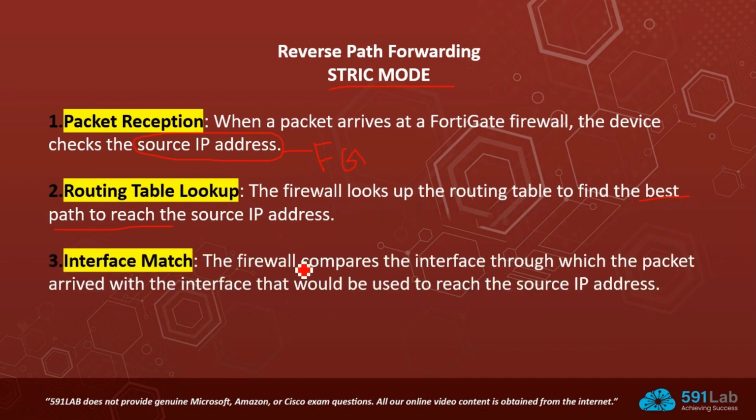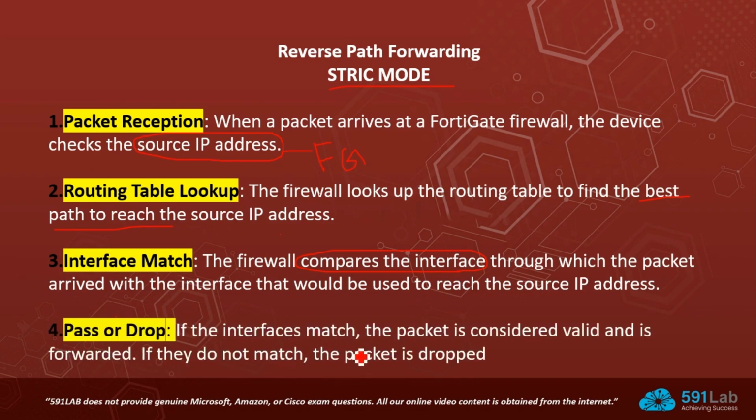The firewall compares the interface through which the packet arrives with the interface that would be used to reach the source IP address. That means the source IP address and the packet's incoming interface also need to match to find the best route. Then FortiGate takes a decision to drop or pass the traffic. If the interfaces match, the packet is considered valid and forwarded. If they do not match, the packet is dropped.